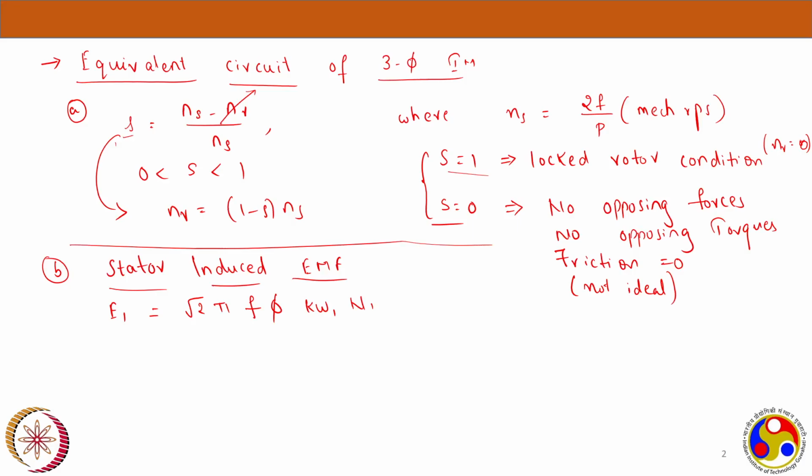We discussed in detail the derivation of the winding factor, that is Kw is nothing but the product of Kp and Kd, where Kp is the pitch factor and Kd is the distribution factor.